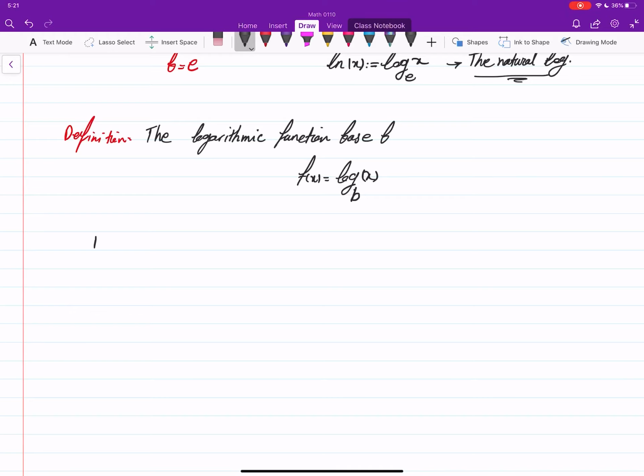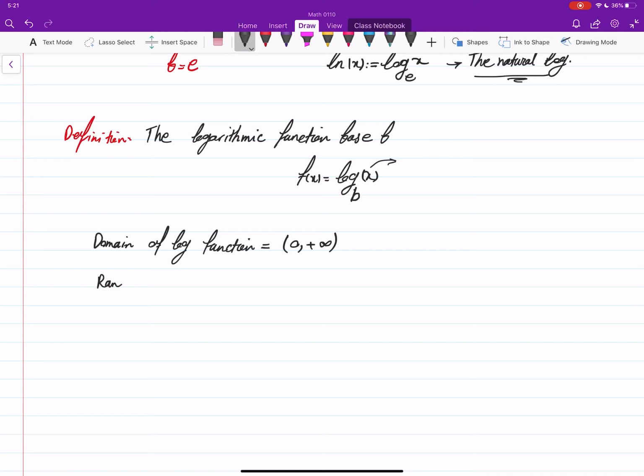For example, what is the domain of the log function? Remember, when we defined the log, we chose x to be a positive number, and that means that we can only plug in positive values there. So the domain is 0 to infinity.